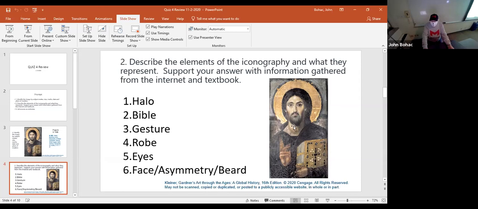Now, the beard, some of you talked about this, the beard as wisdom. This is kind of the standard iconography for age and wisdom. But his face still appears to be young. We want to give him wisdom, but not make him old. The asymmetry of the face, the beard, the eyes. Something that no one said, and that's okay, is that his eyes are pretty wide open. That's not only a Christian device.